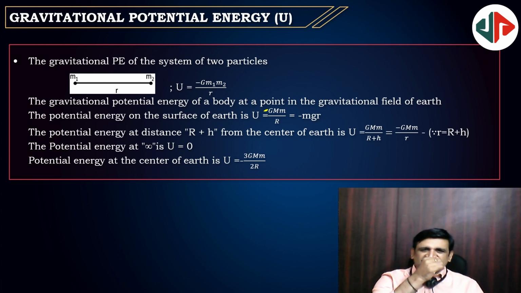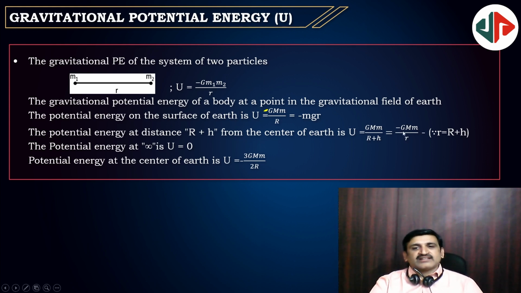Next, that is minus mgR, and at a height it is minus GMm by R plus h. Here also the minus sign is merged in the formula. Potential energy at the center of the earth is minus 3 by 2 GMm by R. It is not 0, remember.